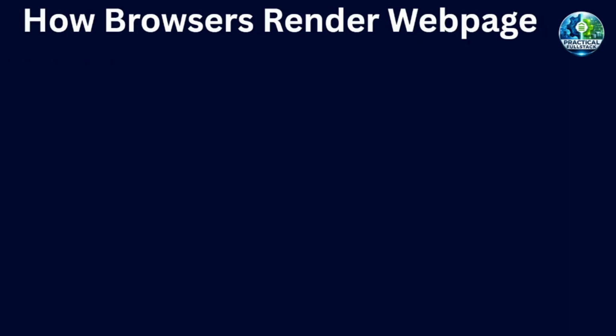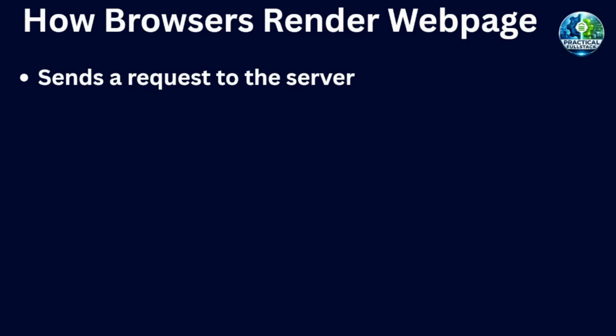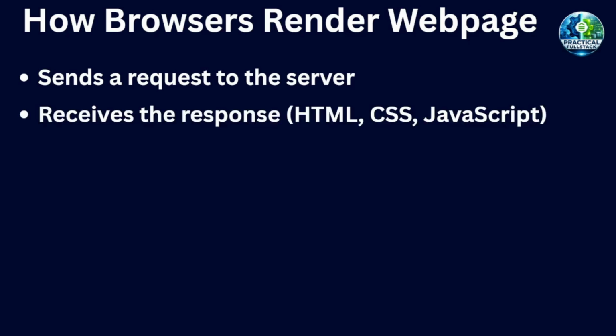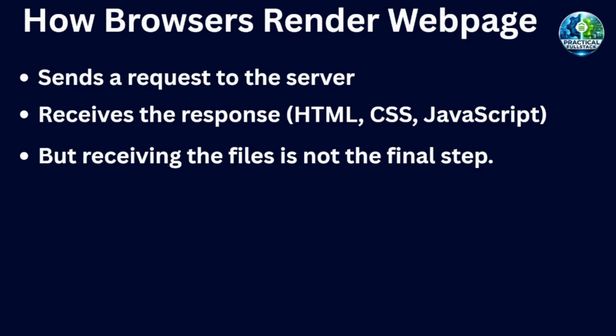Moving on to the last topic of this video, this is the concept that every beginner must know, how browsers render web pages. In the previous video, we learned about the browser's job. The browser sends a request to the server, receives the response, and then displays it as a website. But how does the browser actually convert those files into the web page we see?